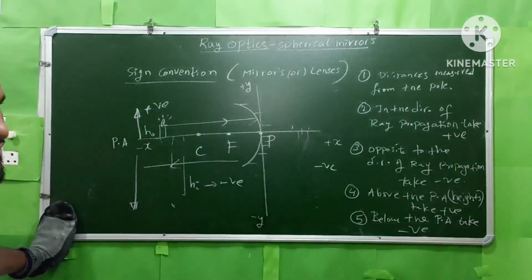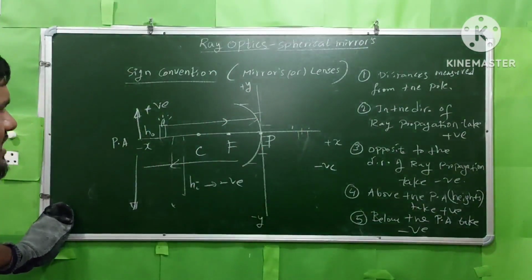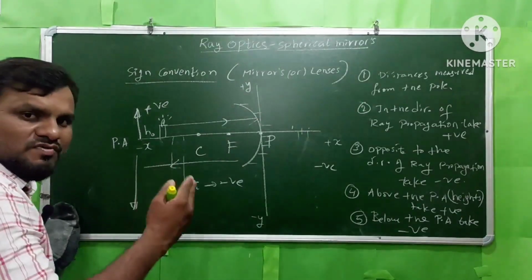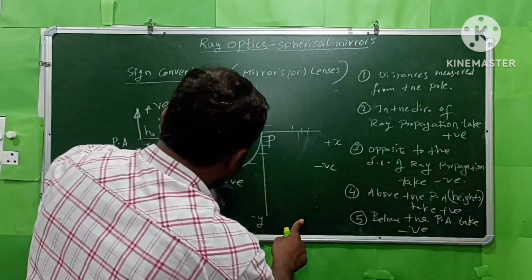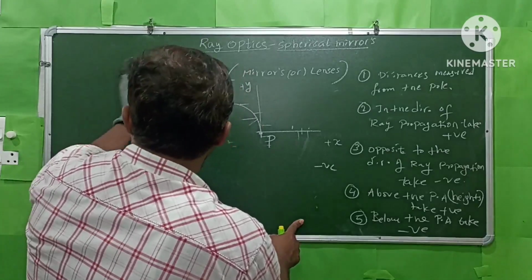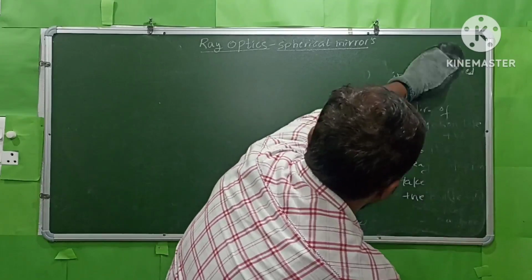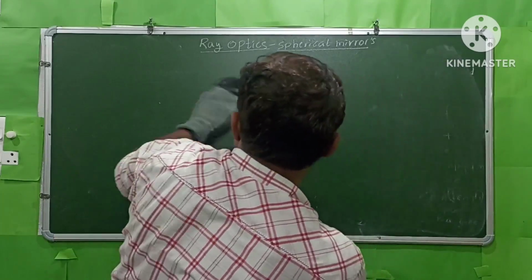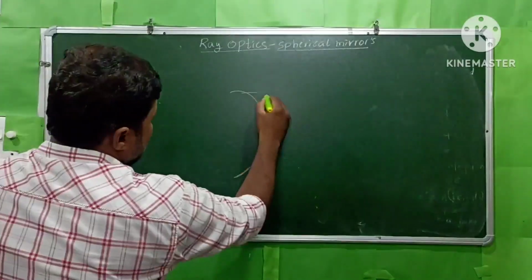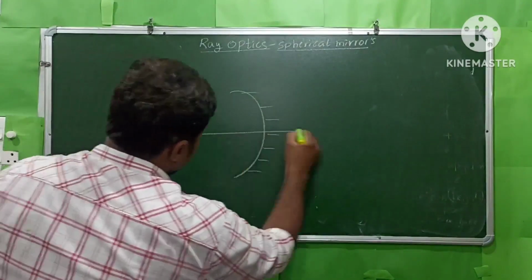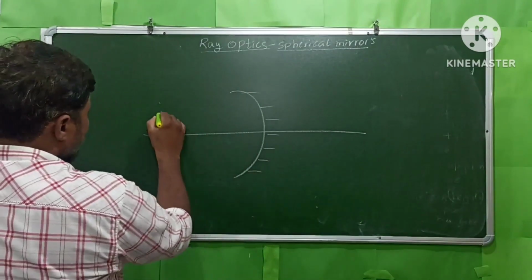On the basis of these sign conventions, we will see how object distance and image distance will be observed. I will draw one diagram. Concave mirror, object is there.